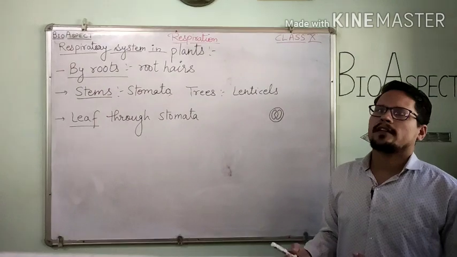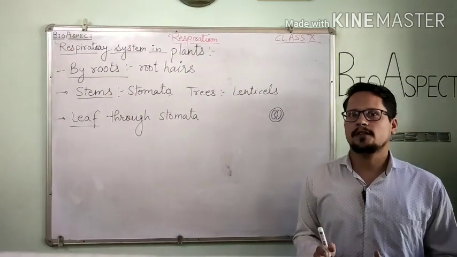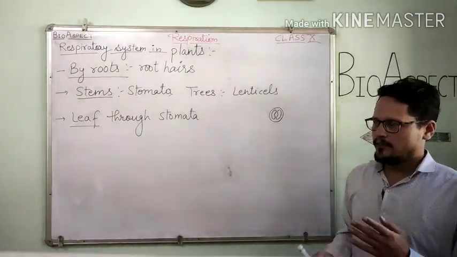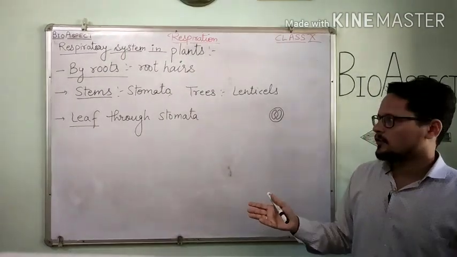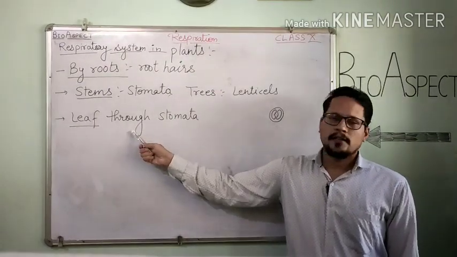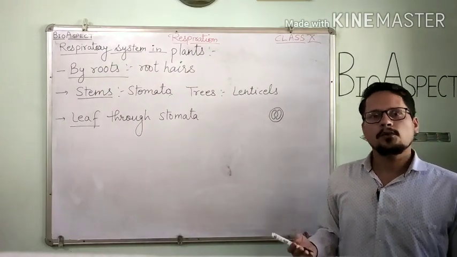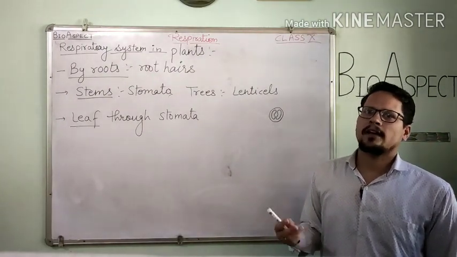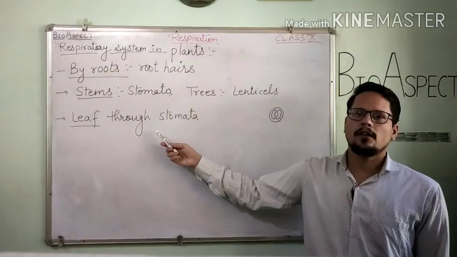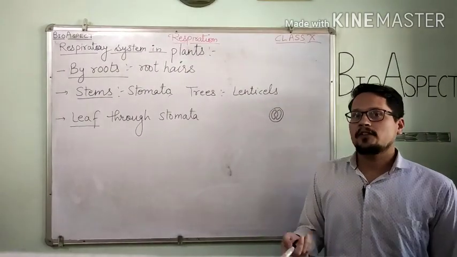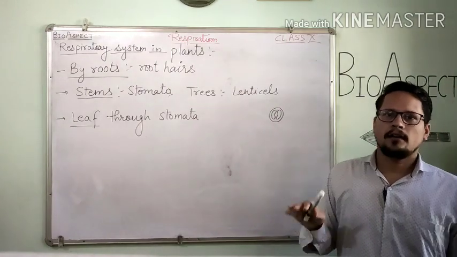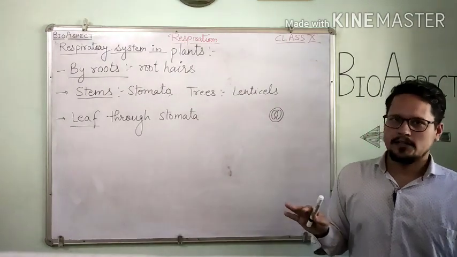Along with respiration, they also do photosynthesis during the daytime, in which they take in carbon dioxide and give out oxygen. But at night time, they only do respiration, like human beings and other organisms. They take in oxygen and give out carbon dioxide. That's why we should not sleep under a tree during night time.